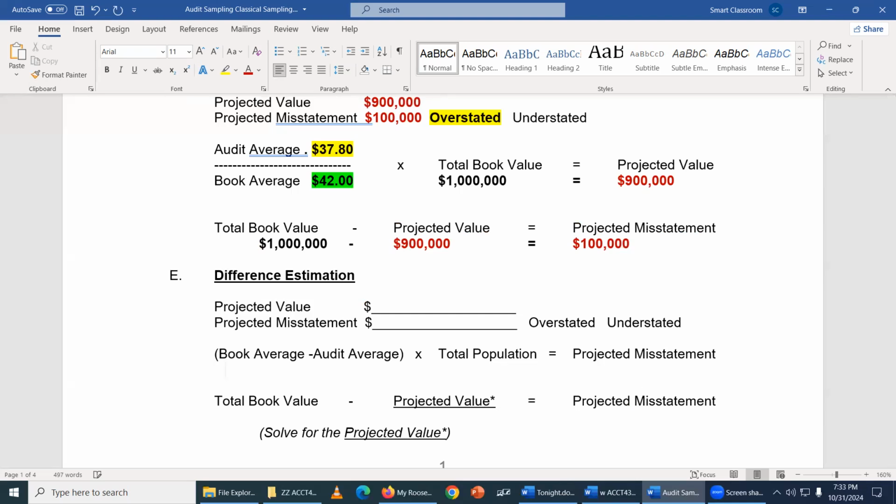Okay, so we take the book average minus the audit average. The book average is 42, minus the audit average, which is 37.8, and I'm going to close those up in parentheses.